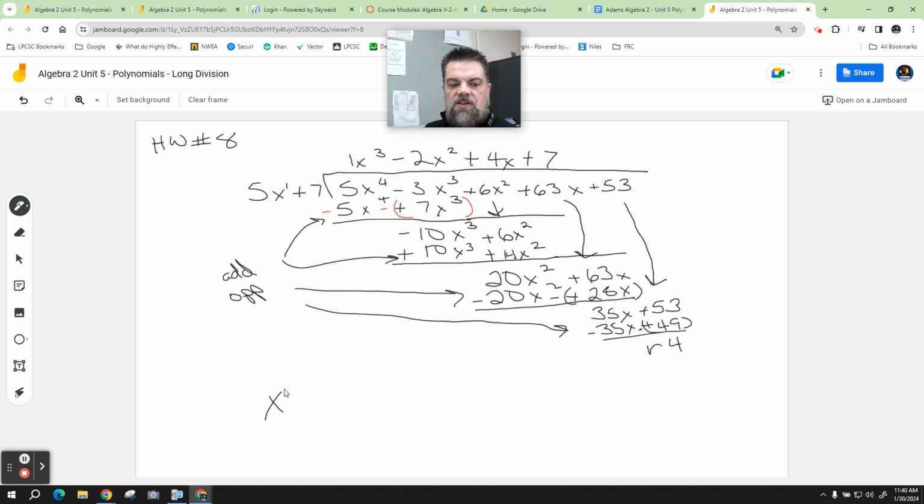Well, it's x cubed minus 2x squared plus 4x plus 7 plus 4 over the divisor, which is 5x plus 7. Which should be A.